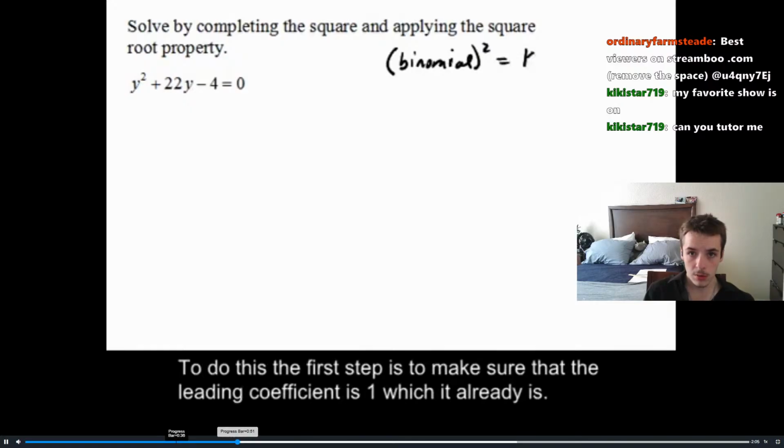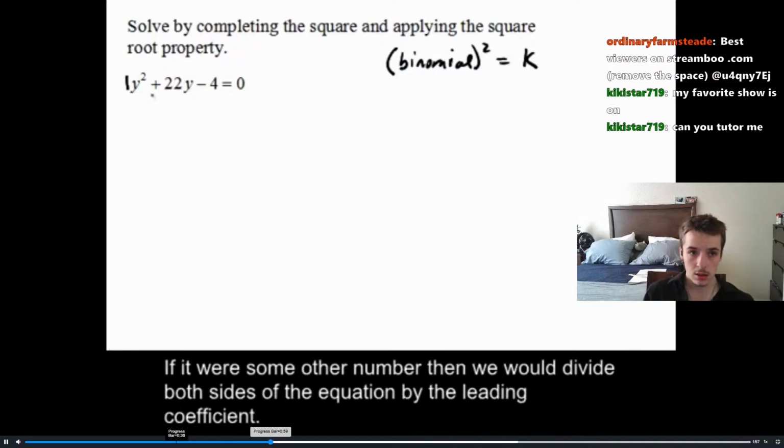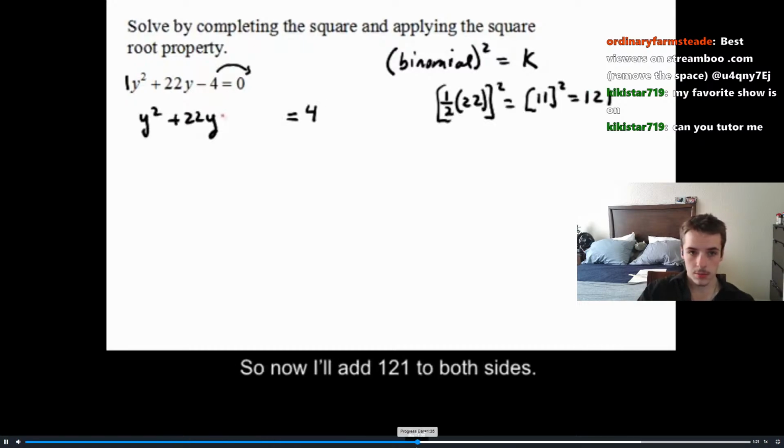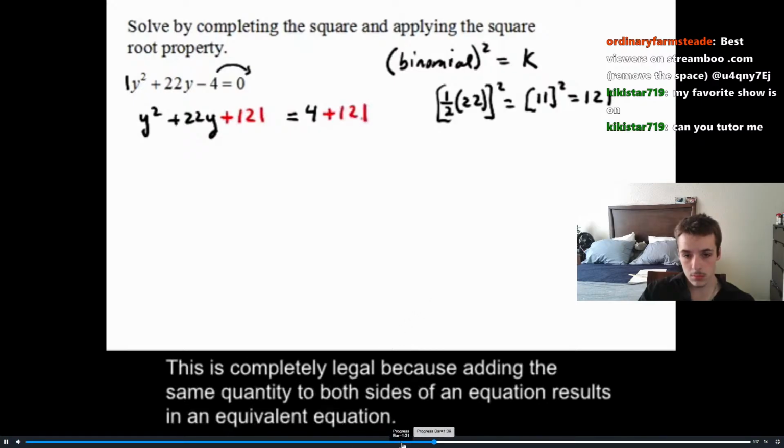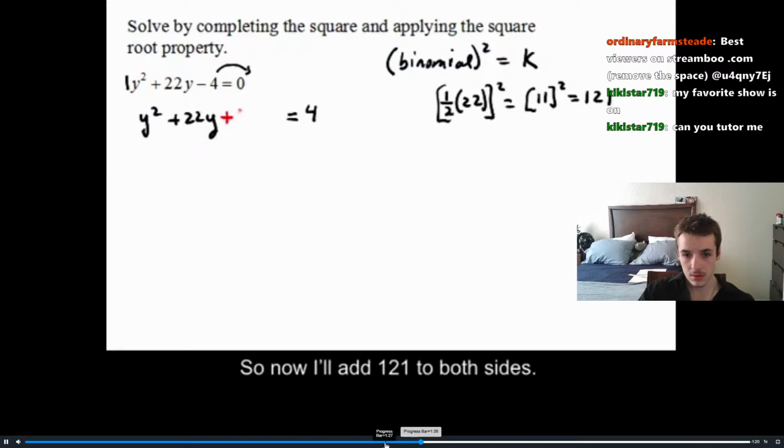To do Binomial this, the first step is to 2 make sure that the leading coefficient equals is k. 1, What the which it already fuck? is. Do we have to make sure If the it was leading some number other coefficient than is 1, that? then we would divide Oh. both sides of the equation by the I leading think I know what she's coefficient. gonna do. So now I'll add 121 to both sides. This is completely legal because adding the same fuck? No, I quantity. don't. So now I'll add 121 to both sides.